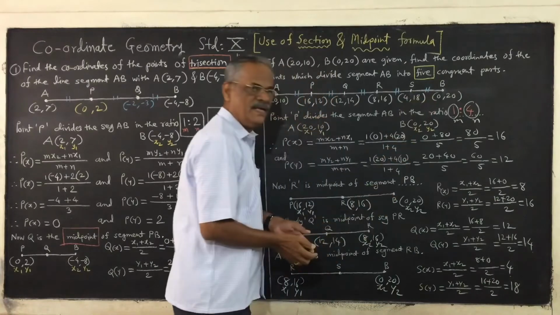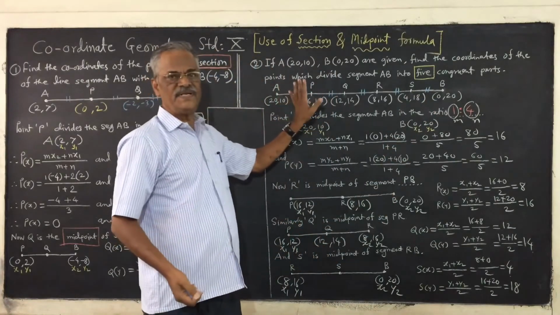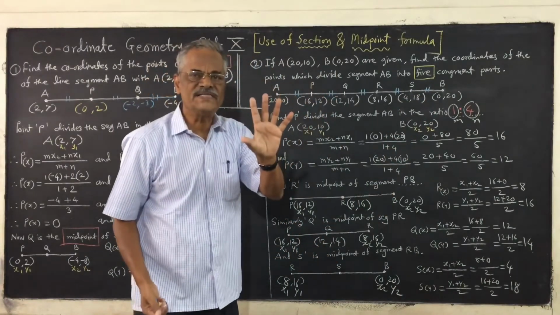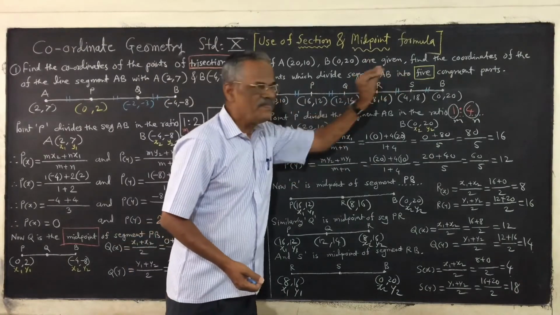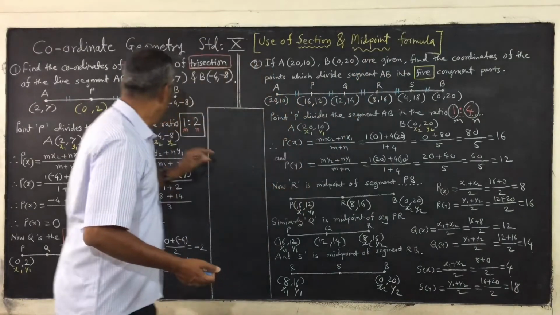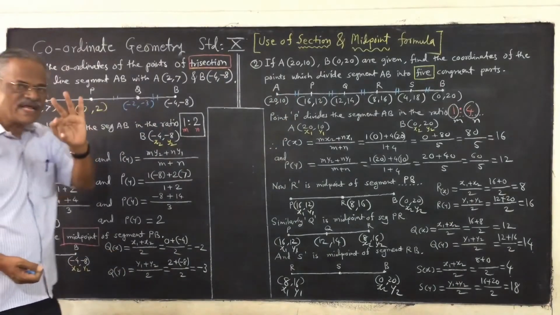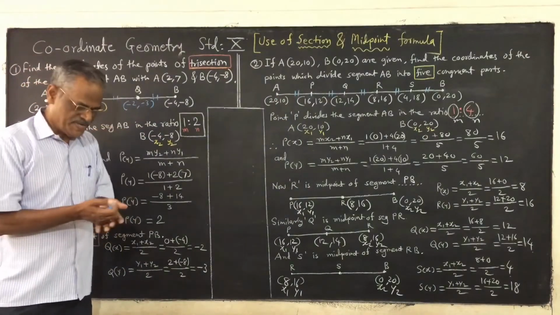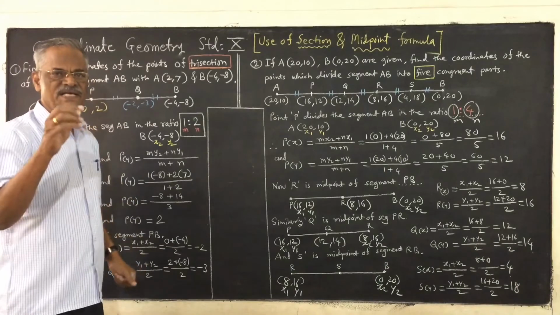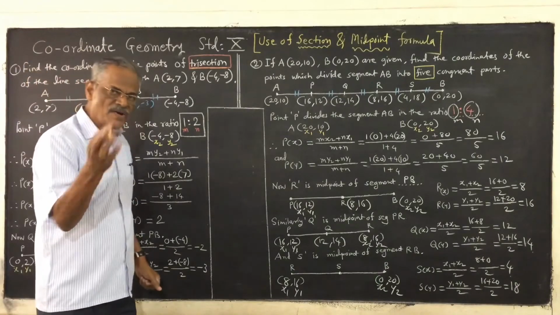So this is a very interesting example. 5 equal parts are there. When 5 equal parts, odd number 5. When it is 3 equal parts, trisection, 3 is an odd number. So if it is an odd number, odd equal parts are there.